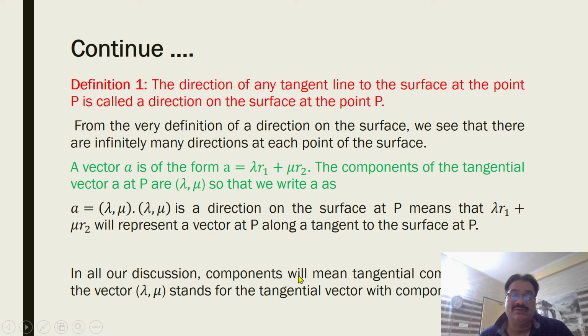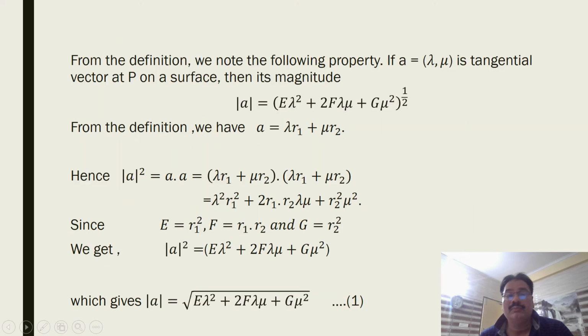In all our discussion, components will mean tangential components, and the vector (lambda, mu) stands for the tangential vector with components lambda, mu. From the definition, we note the following property: if A is a tangential vector (lambda, mu) at P on a surface, then its magnitude may be expressed as the square root of E lambda squared plus 2F lambda mu plus G mu squared.